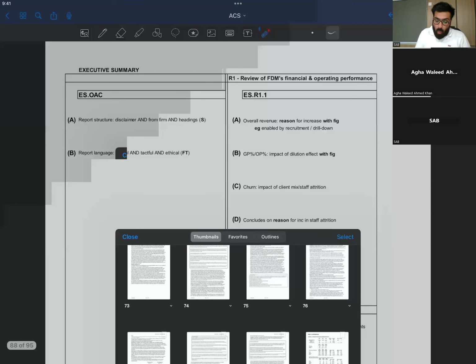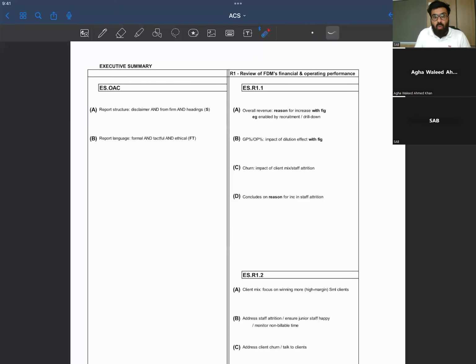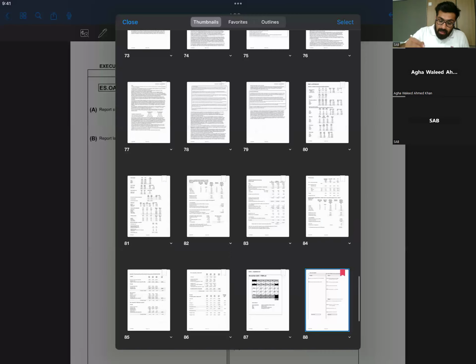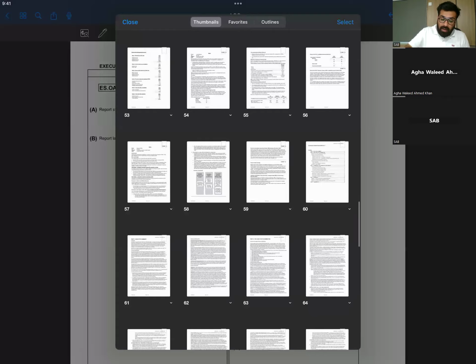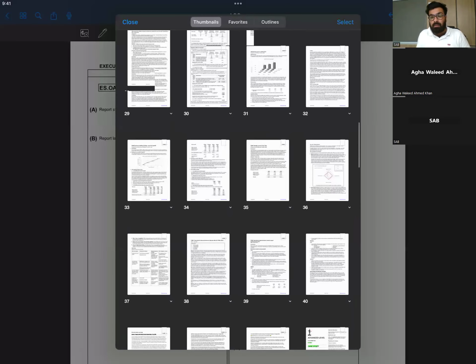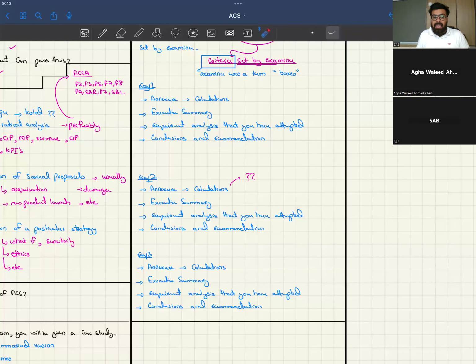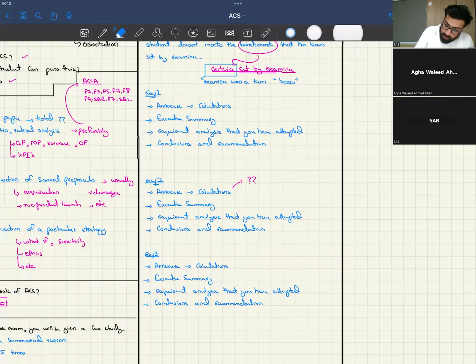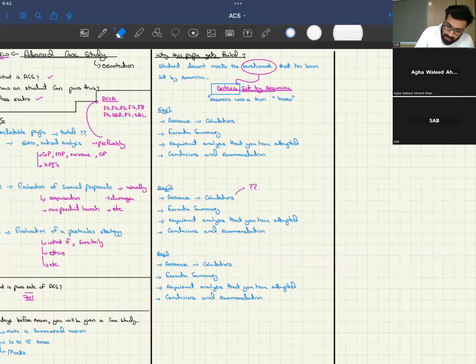Suppose, while drafting the executive summary, what you have to do now, see, the thing I wanted to tell you is that the executive summary you have written for each and every requirement needs to be consolidated.